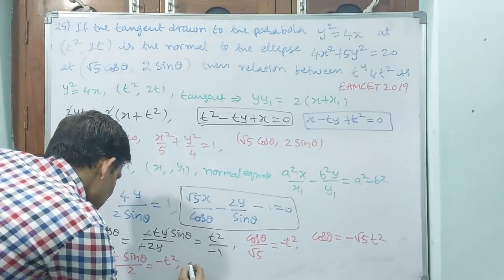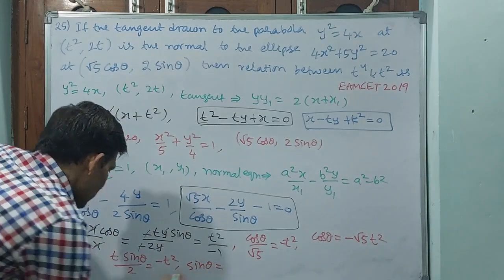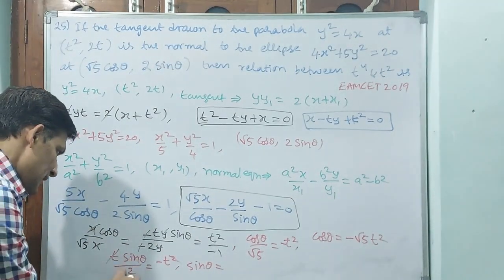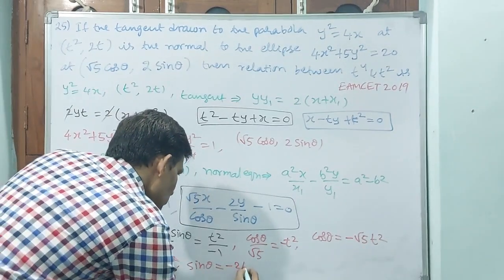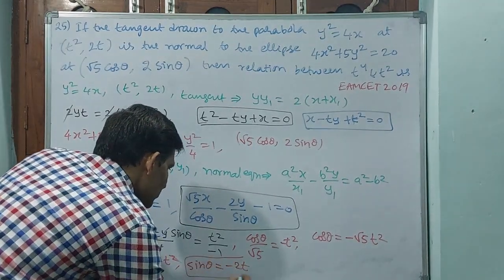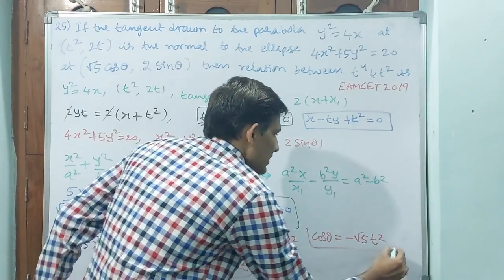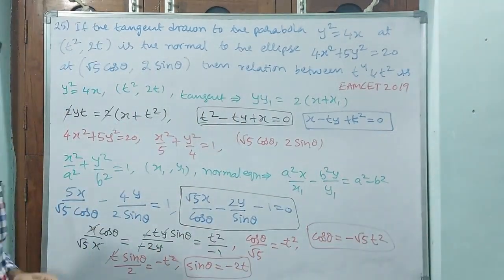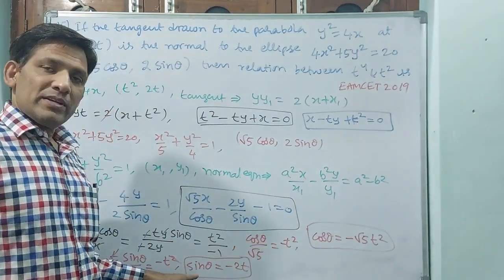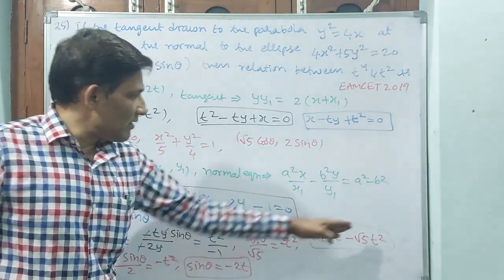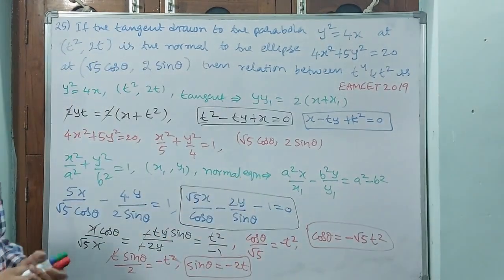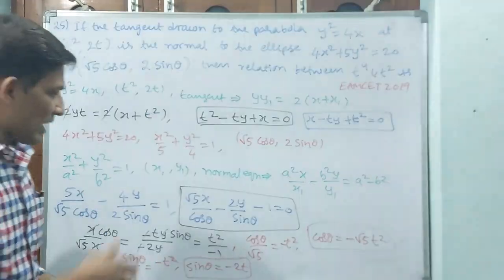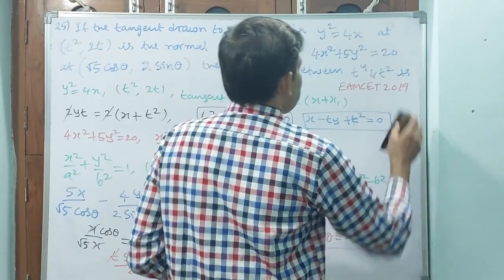Then you write only sin theta; sin theta is equal to minus 2t, since t one time goes. Take this sin theta and cos theta. Now I am going to use cos square theta plus sin square theta, that is equal to 1. That is going to give the relation between t to the power of 4 and t square.